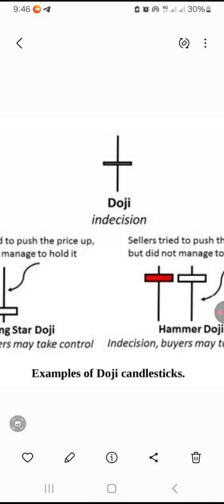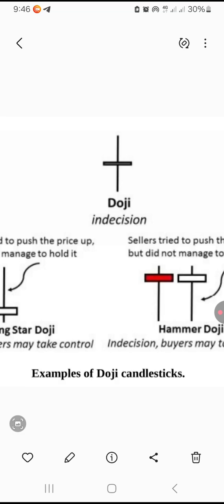Nobody has won yet. Like I told you, when there are buyers and sellers, there are also people who are confused. They don't know if they should buy or sell. So when you see this candle, it shows there is indecision.